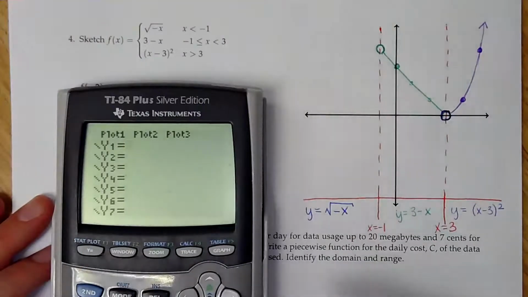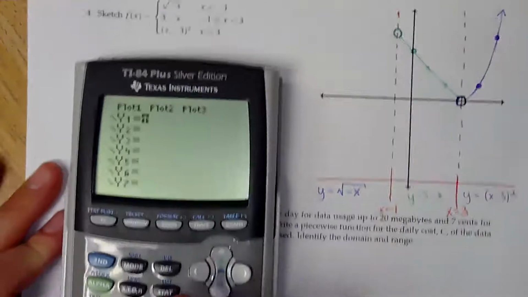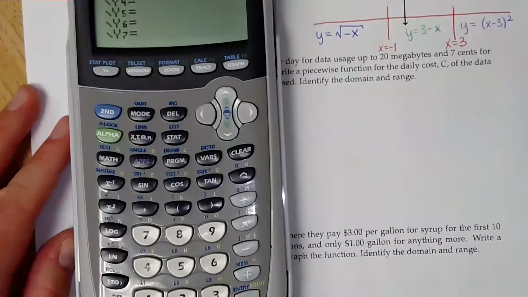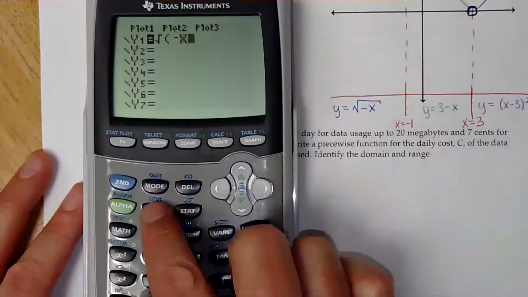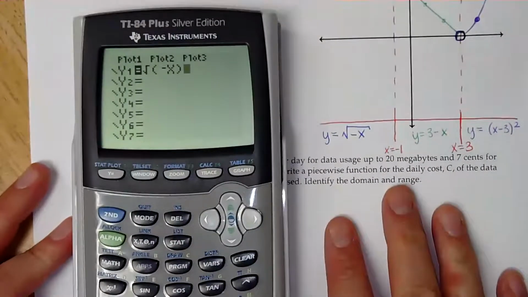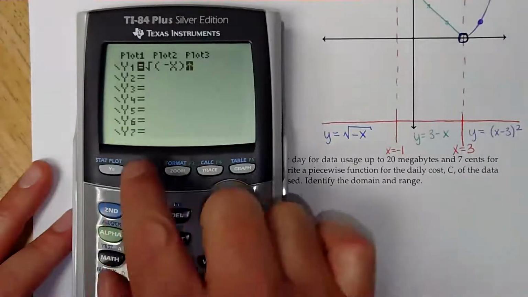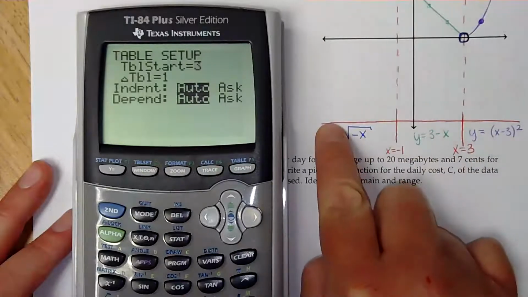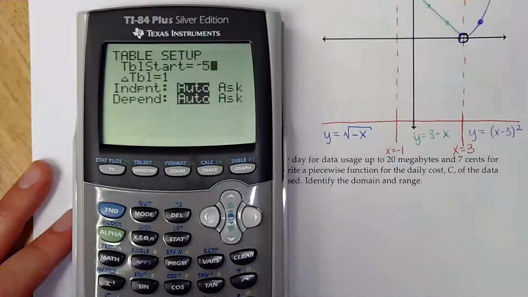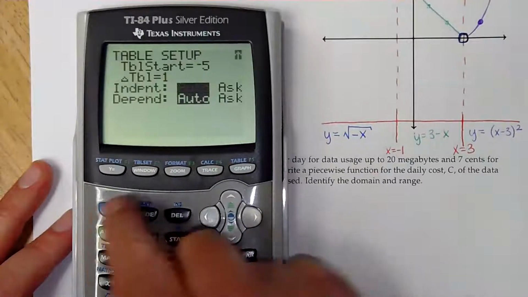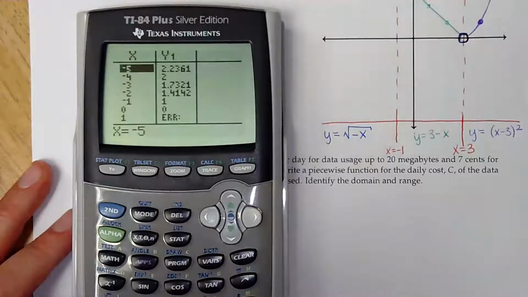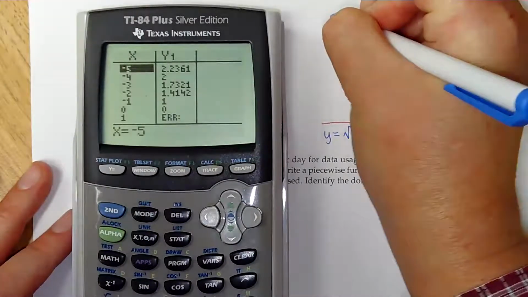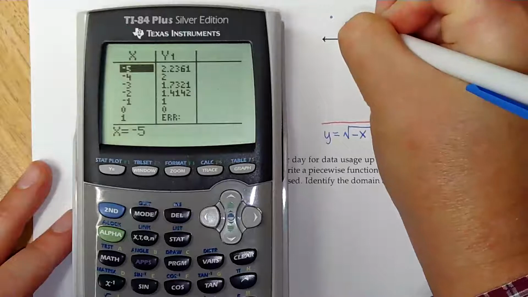And for this last piece, I'm going to change my function. I'll clear that out, and I'm going to put in the square root of negative x. So get that negative sign all the way down at the bottom, and an x, close my parentheses. And I want my table to start at -5 and go by 1s. It's already set at 1. So I have about 2.23, so it's probably about here. -4 gives me a 2.